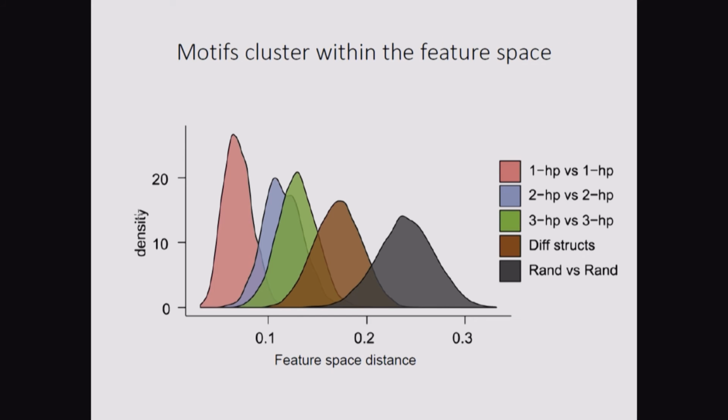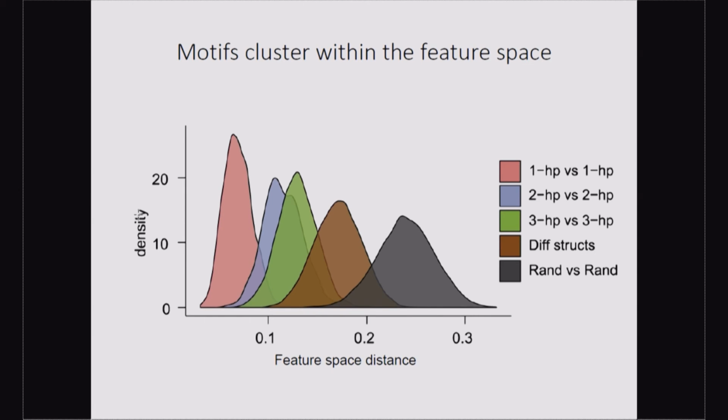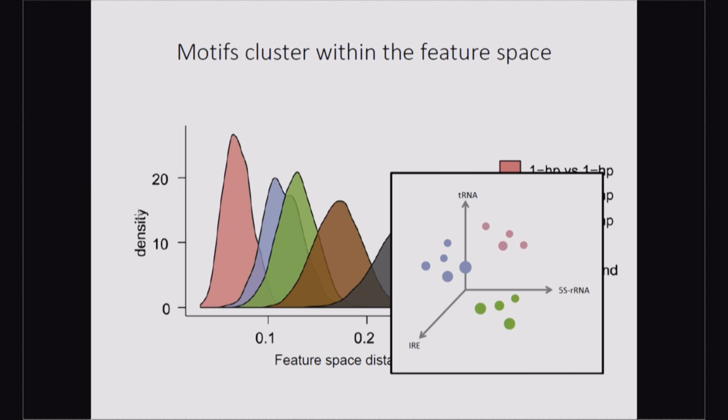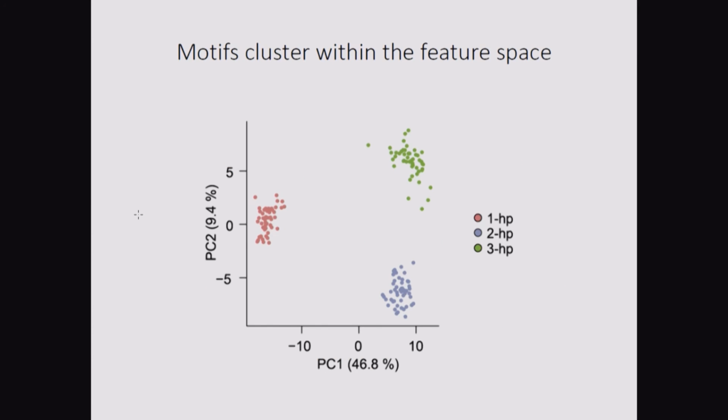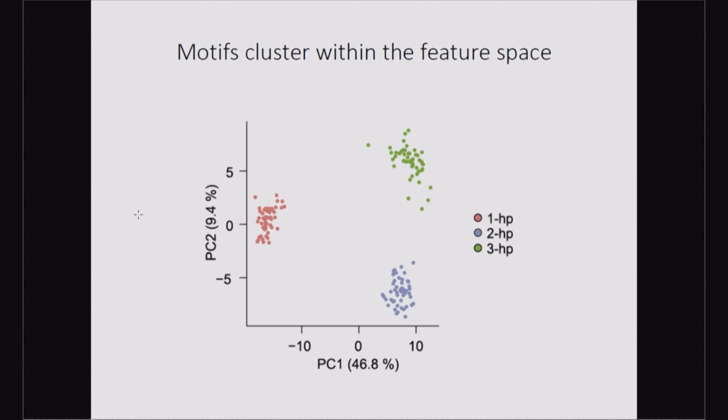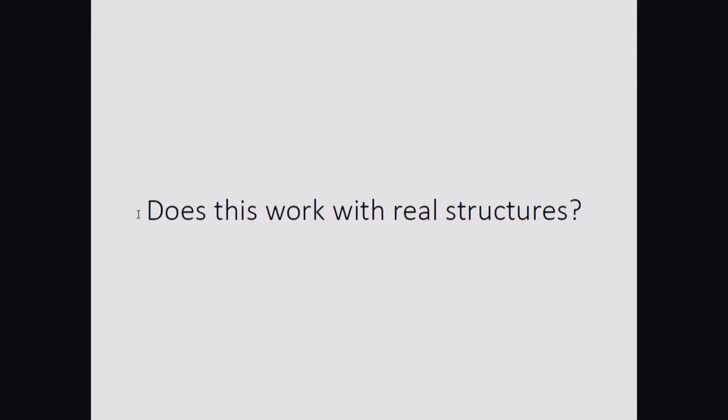When we map into the feature space and measure the distance between each pair, we see that sequences that have the same structure are closer together in the feature space. So this indicates that we're getting exactly what we wanted here. Sequences with the same structure are mapping together. And in fact, if we do a PCA, you can see that that's exactly what's going on. Now, of course, that's a synthetic data set, and biology is messy, and we can't always rely on synthetic data sets to really reflect reality.